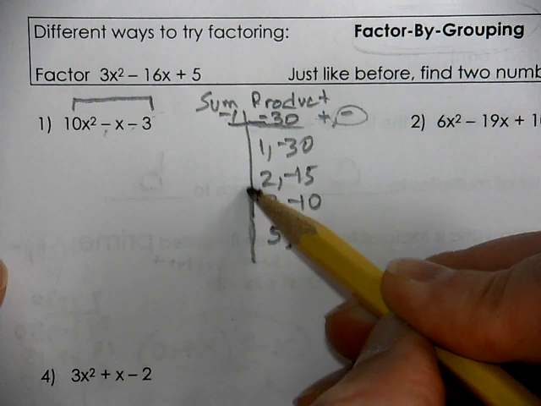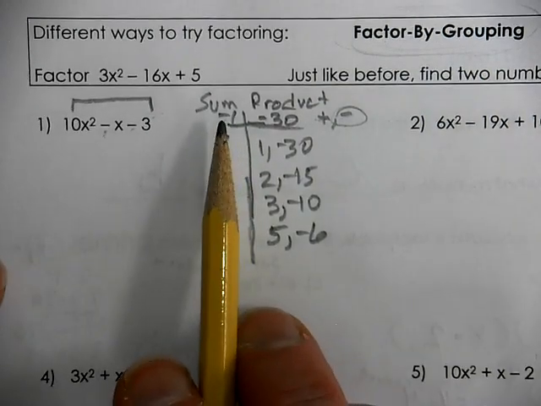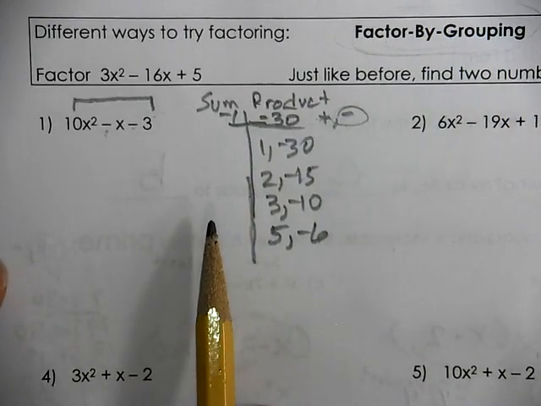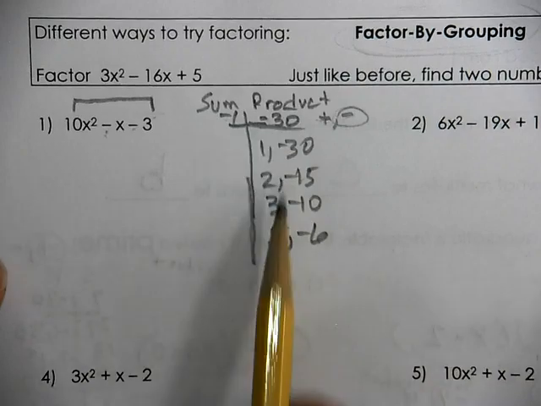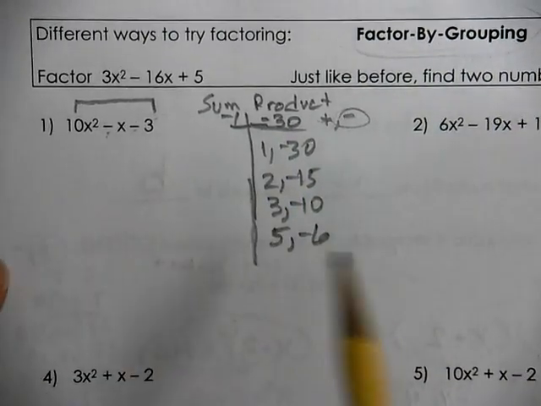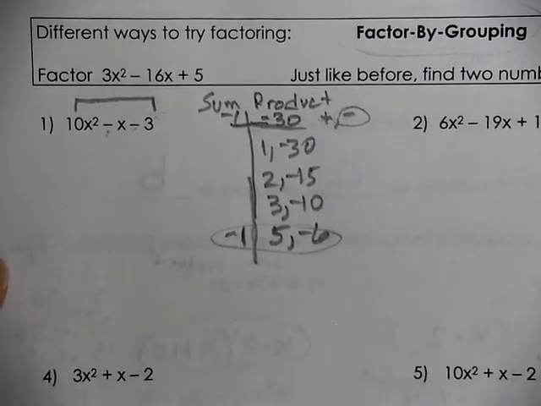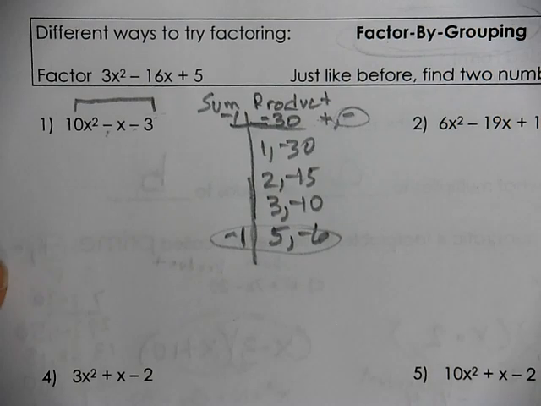Those are the only ways that we can multiply to be negative 30. There's an infinite number of ways to add to be negative 1, but there's only these limited ways to multiply to be 30. This, of course, is the only one that adds to be negative 1.